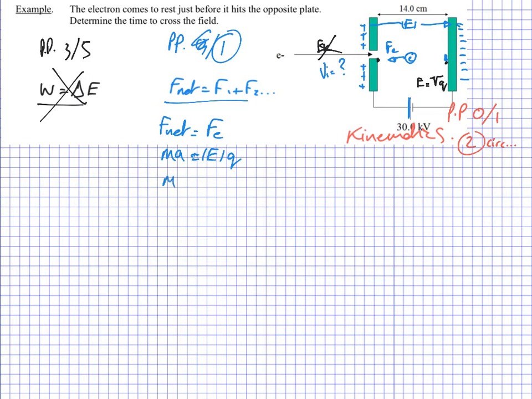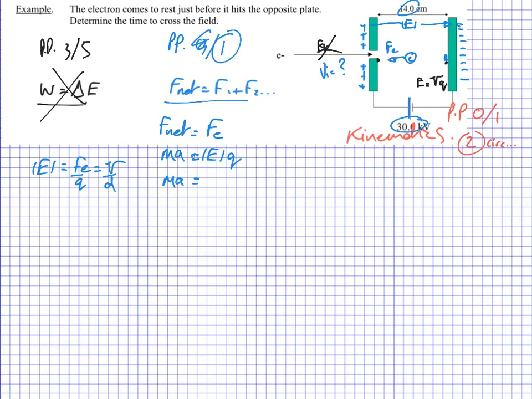Now, let's think about electric field. What do we know about that? Well, that should be ma. What do we know about electric field? We know that it's got 2 units. Remember, electric field can either be Fe over Q or V over D. And that's kind of the clue here. We know voltage and we know distance.